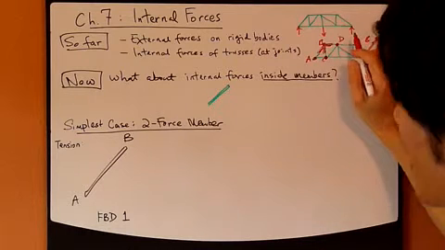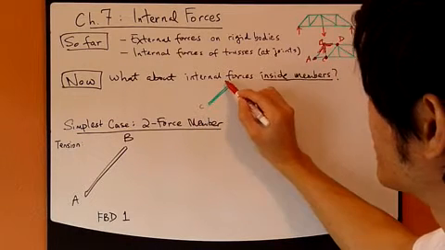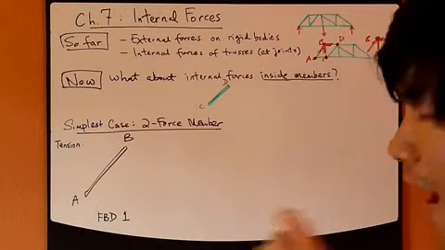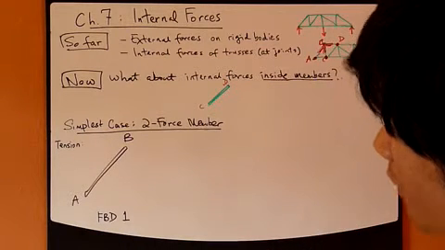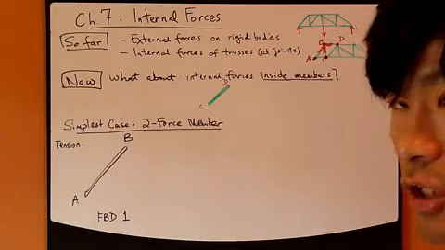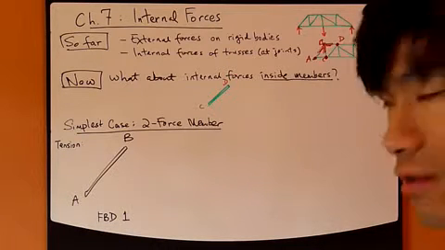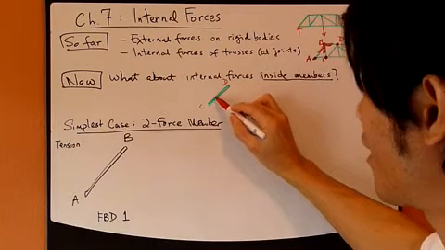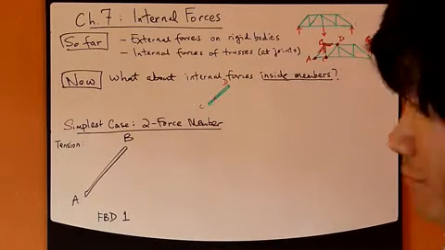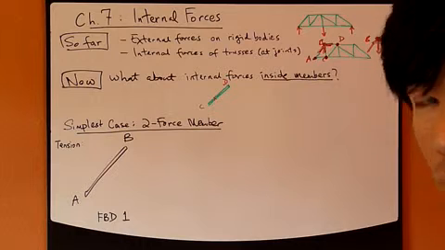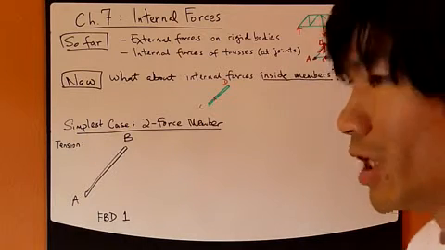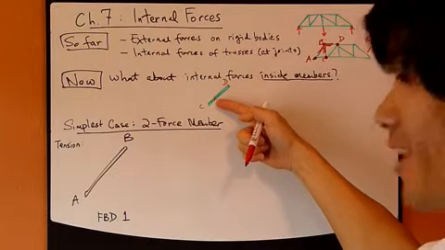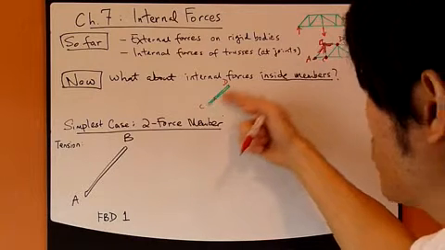But what if I take this CD member out, put it here, and ask you: what is the internal force, or internal forces, somewhere inside CD, let's say at this position? What do they look like? What are the directions and magnitudes of the forces inside this member, CD?